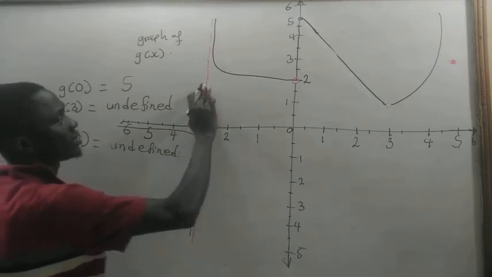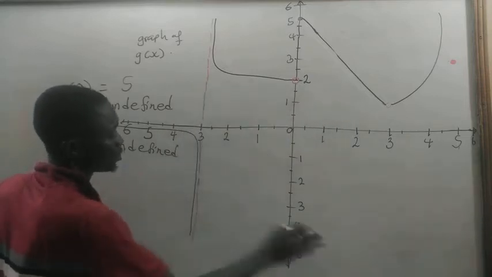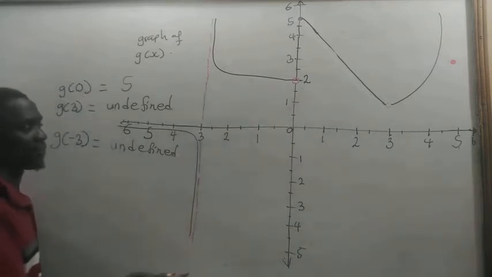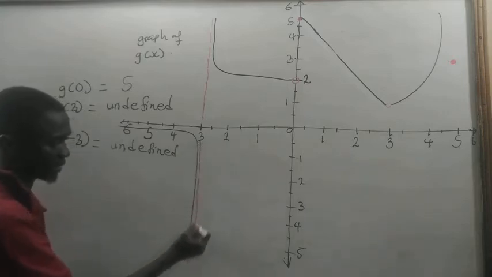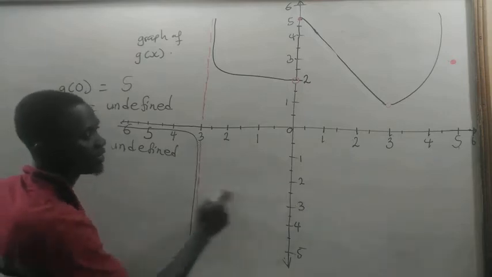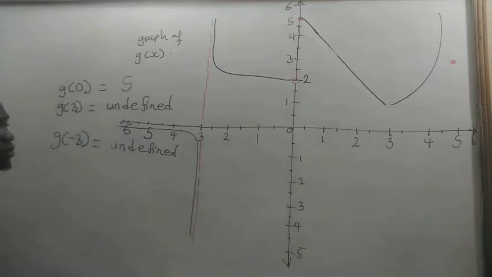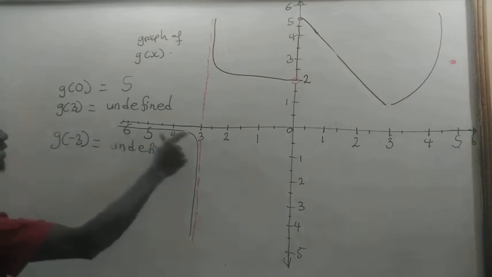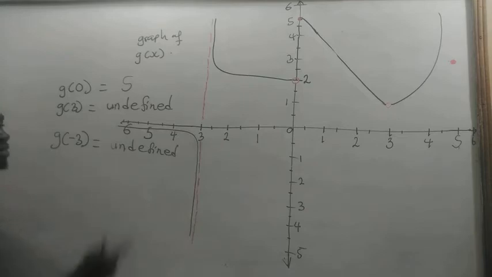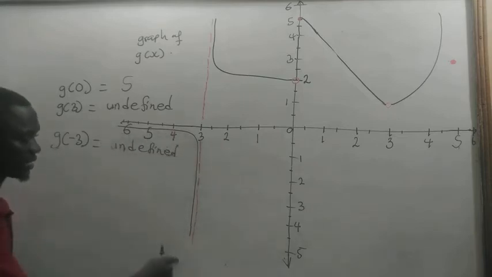You're not getting g of x here nor there. So this one is undefined because it is on this line. You can't trace it to any value of y on the y-axis. So no closed circle here either. So it is just a vertical asymptote.